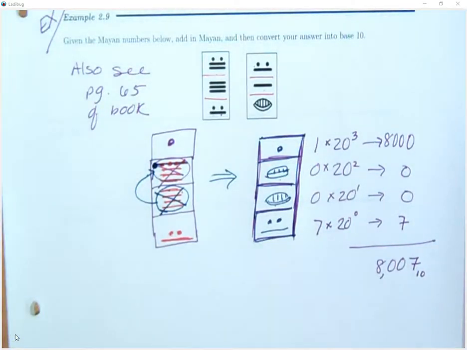And in your book, if you're following along, you'll see that one of the problems goes the other direction, converting from a base 10 number into Mayan. That's a little trickier, so I think on the workbook, we're going to save that to the last page.